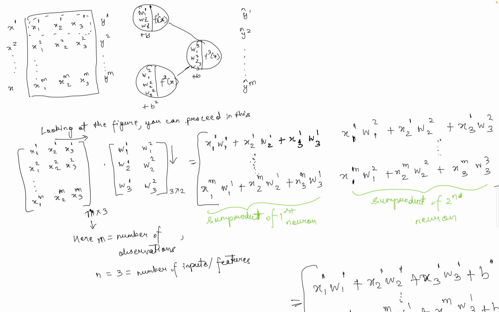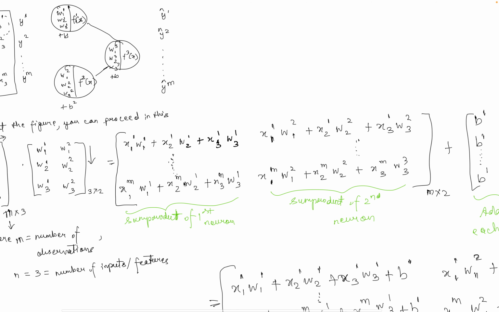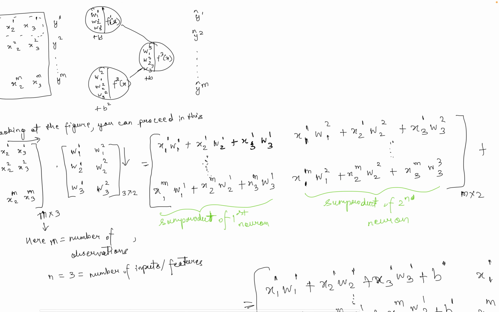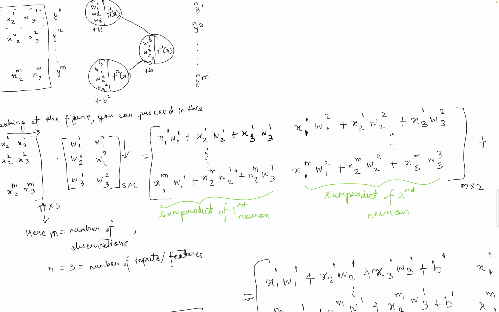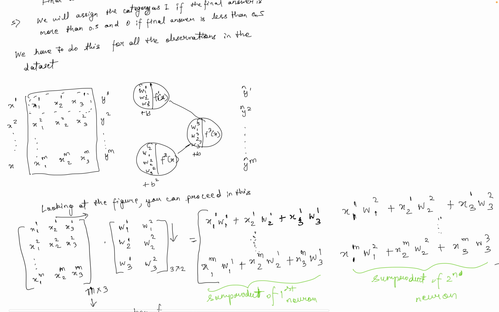Therefore, after multiplication, it will be of dimension m cross 2, so we will have m rows and 2 columns. The first column, which you get after multiplying these 2 matrices, is the sum product of the first neuron. That means if all the inputs are passed through the first neuron, this is what we will get.